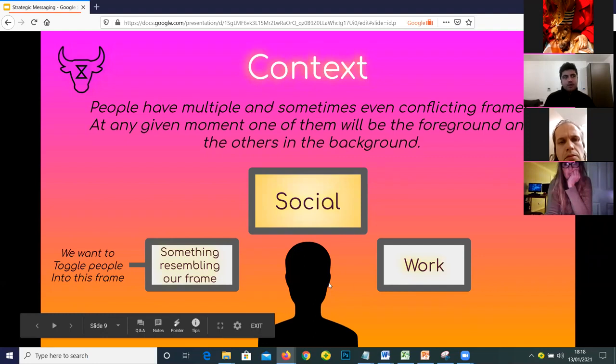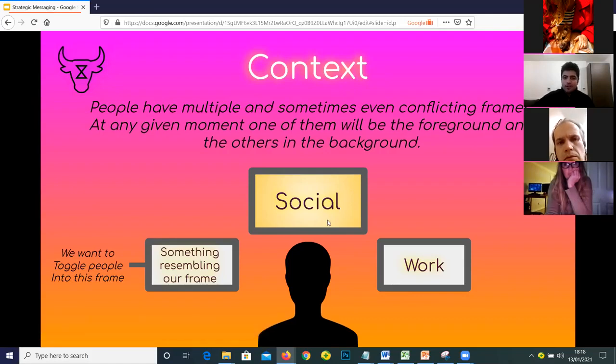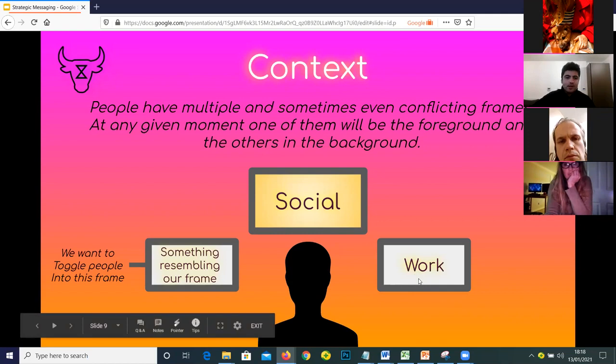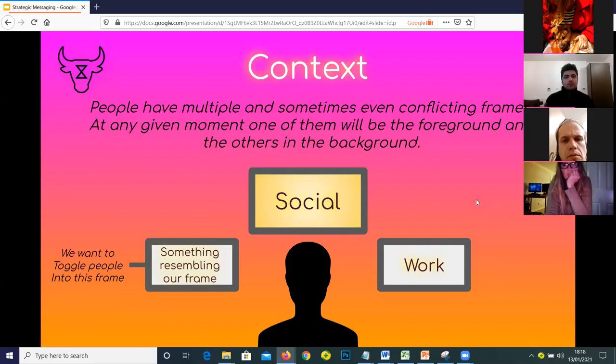So if we interchange frames with context, maybe it's easier to understand that way, where I'll be toggled into a social context rather than a work context. Now, one of the main aspects of strategic messaging is to toggle people into a frame that can relate to our messaging and our cause, and then they'll be more receptive to it.